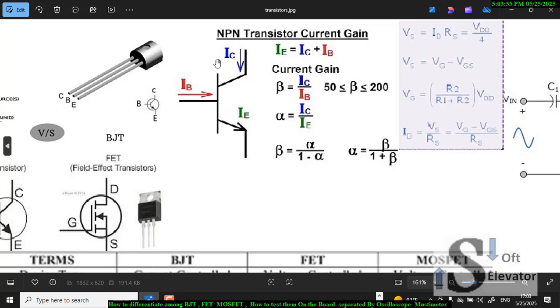Here I'm using a multimeter to examine how much IC, how much I base, how much IE. And from these equations I can see whether this transistor is working well, or is damaged, not working, open circuit or short circuit.